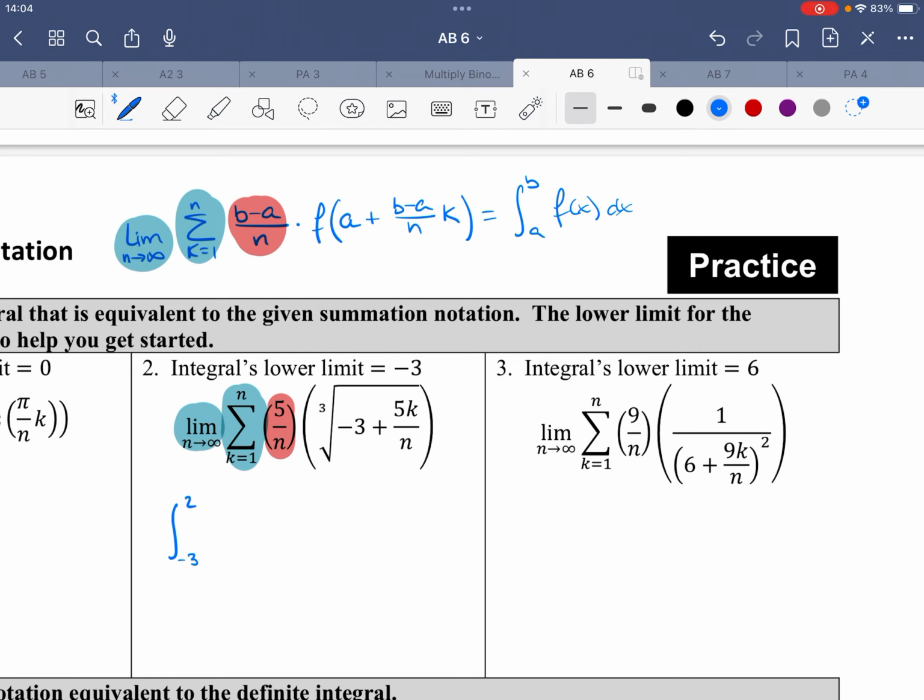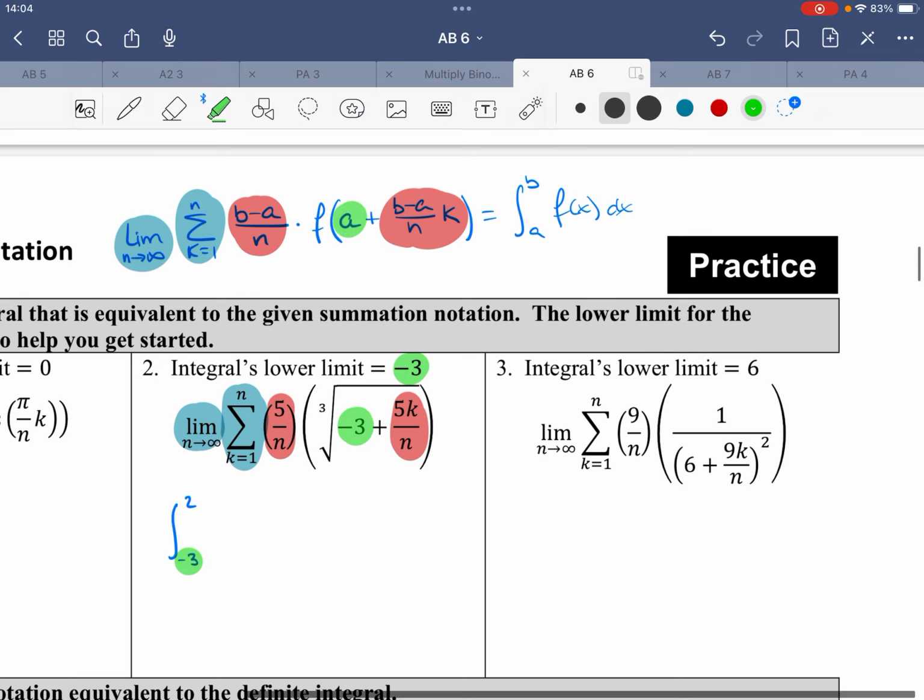And then we're going to go here, and this is the same thing that we have here, but times k, so that's good. That's my b minus a over n times k, all of that is there. And then I'm missing something, so the a, we already know it's -3, but it's also this a here.